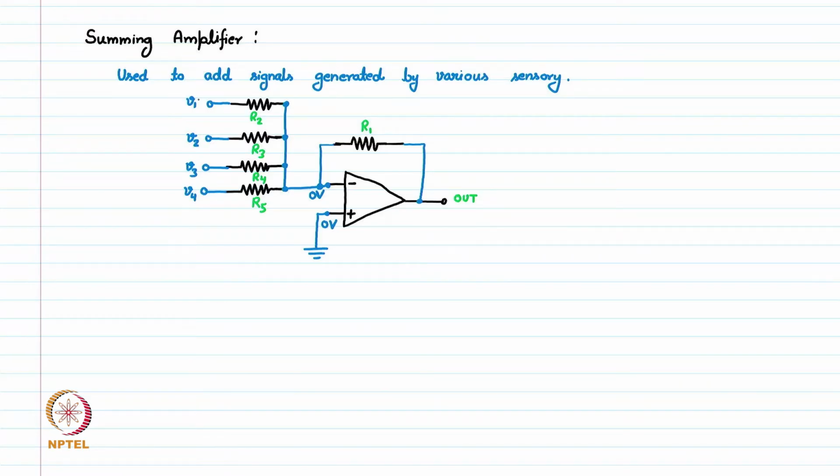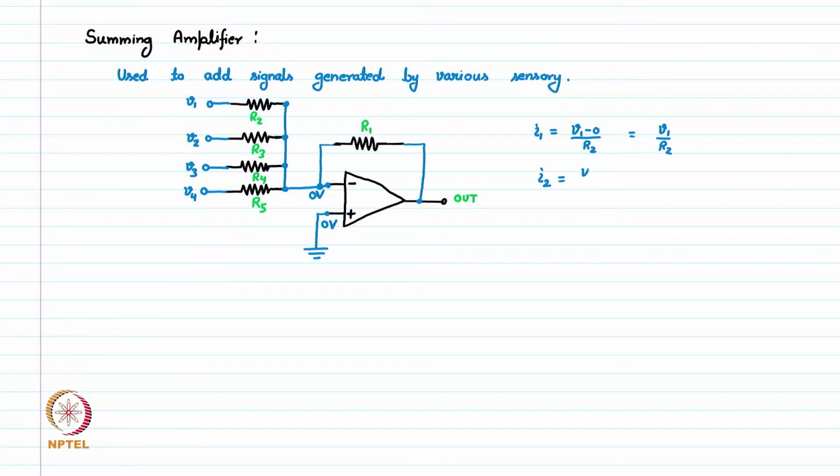So the current through V1 is given by, let's say, I1 equal to V1 minus 0 divided by R2. So this is V1 divided by R2. Similarly, I2, the current from V2, will be V2 minus 0 divided by R3.